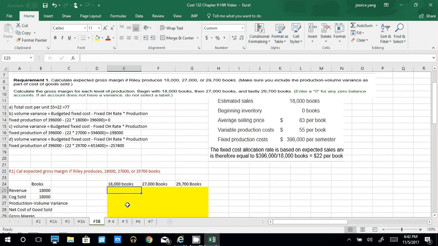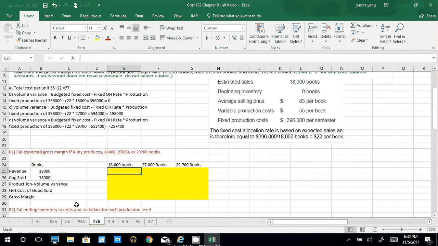I have set up a template for requirement number 1 using revenue, cost of goods sold, production volume variances, net cost of goods sold, and gross margin under the 18,000 books.